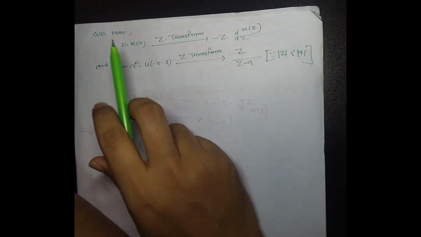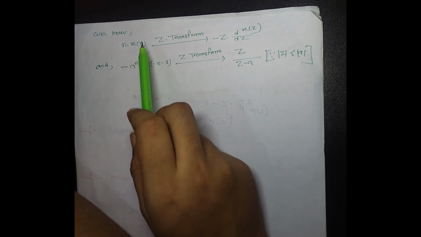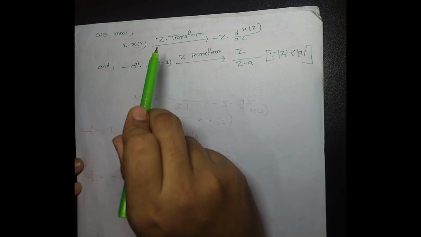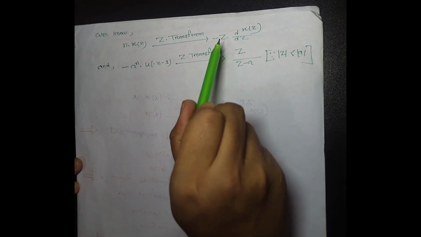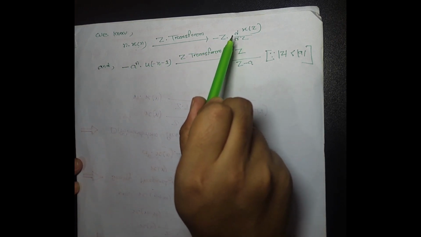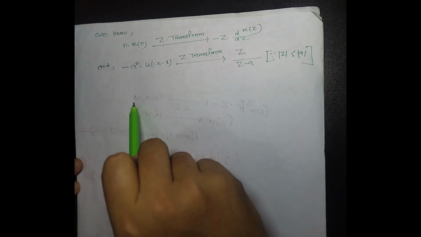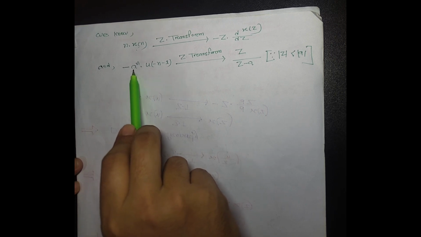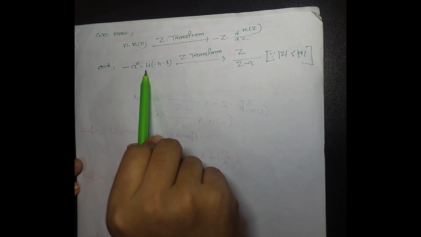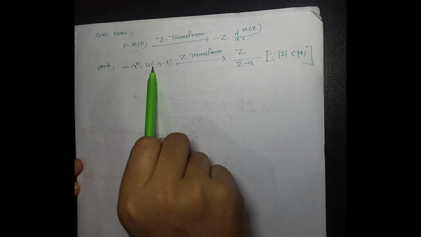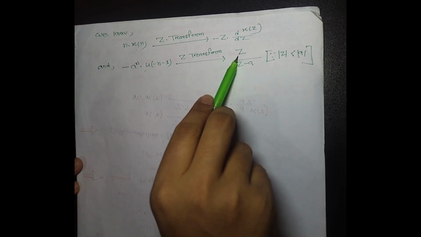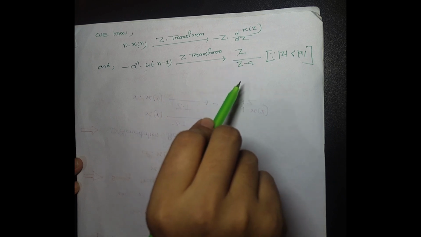We know that the Z transform of n into x of n is equal to minus z d/dz of X of z, and the Z transform of minus a to the power n into u of minus n minus 1 is equal to z divided by z minus a.